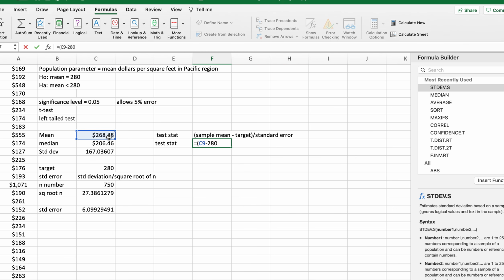So minus 280, close parentheses because I need to do that first. Divide. Where's my standard error? It's over here. I did the calculation first so we didn't make any mistakes in entering things with the order of operations. So there it is. That's our test statistic.